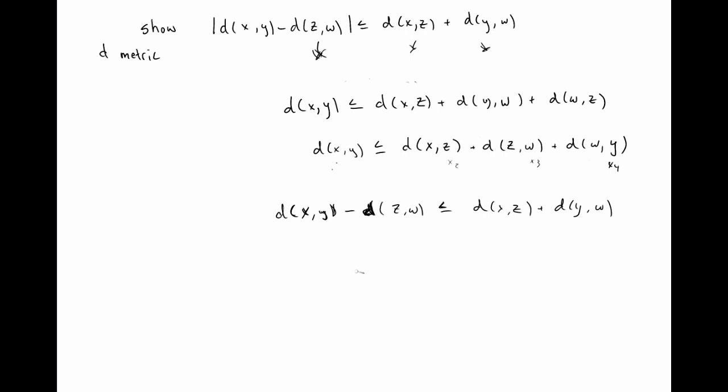So we need to show that, well, this is always positive, right? This is a positive number. So if this is positive, this is equal to the absolute value.